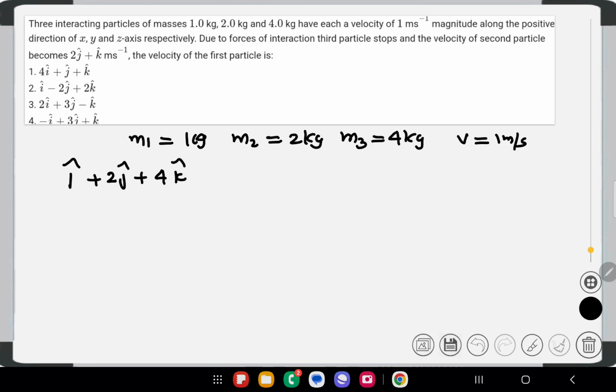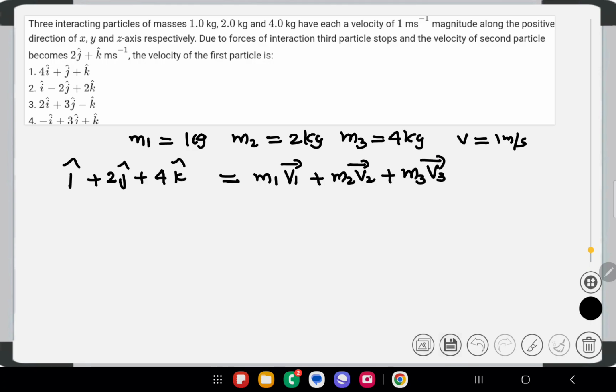And this is the total momentum, equal to the total momentum after the interaction. Due to the force of interaction, something happens here. So the first particle has momentum m1 v1, the second particle has momentum m2 v2, and the third particle has momentum m3 v3.